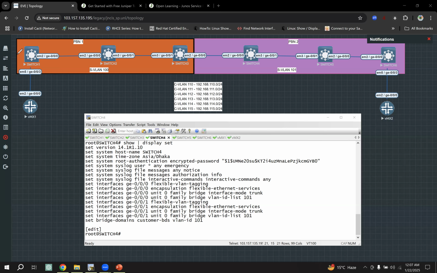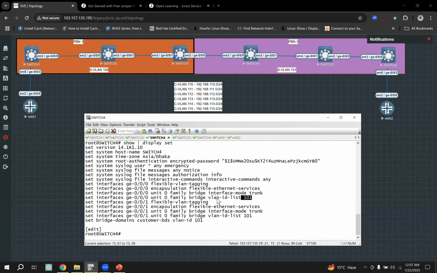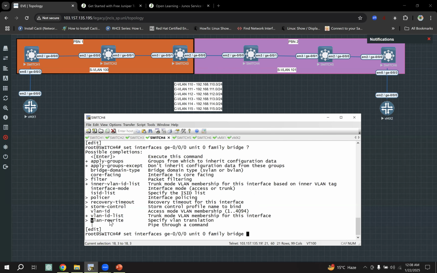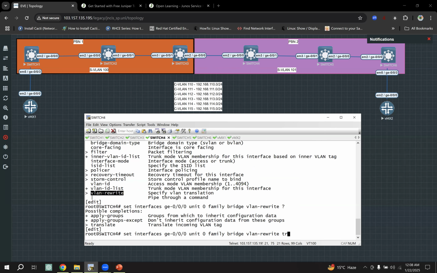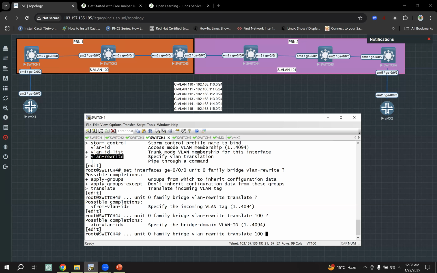In interface Z0 by 0, you are allowing VLAN ID 101, so you need to rewrite this one. VLAN rewrite 101 to 100: you are getting inner VLAN from VLAN ID 100 and the VLAN ID will be 101.